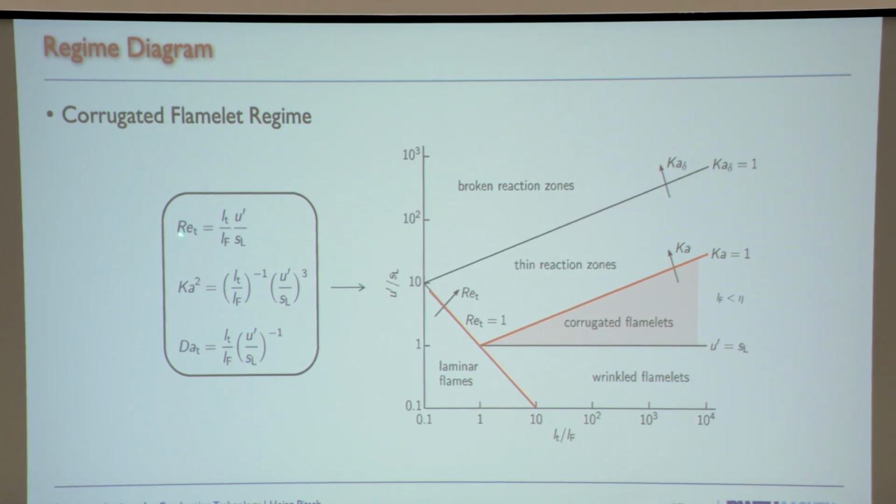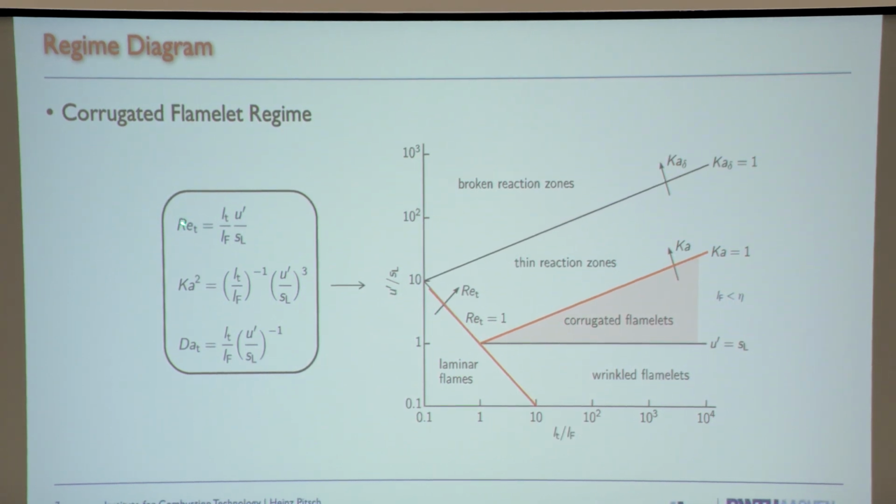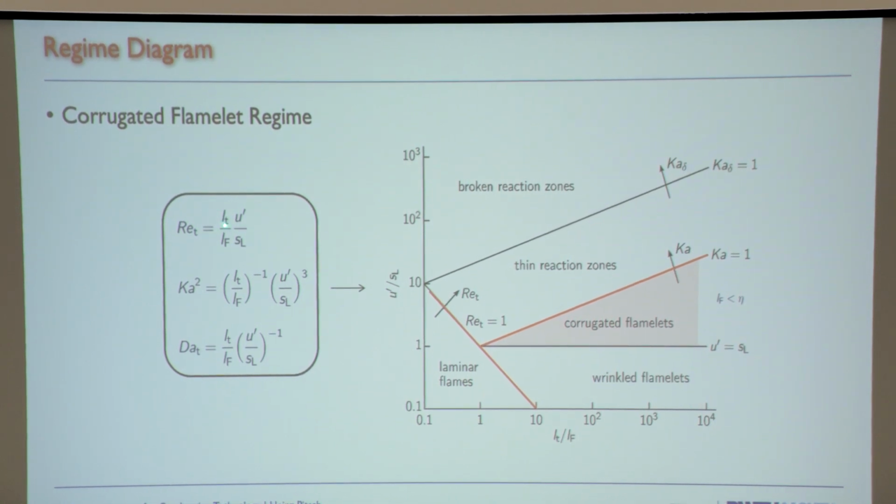For the Reynolds number, U prime over SL is the Reynolds number times LT over LF to the -1. So in a log-log plot, that gives you a line with a slope of -1. If I set the Reynolds number equal to 1, it has to go through the point 1, 1. So that is this line.